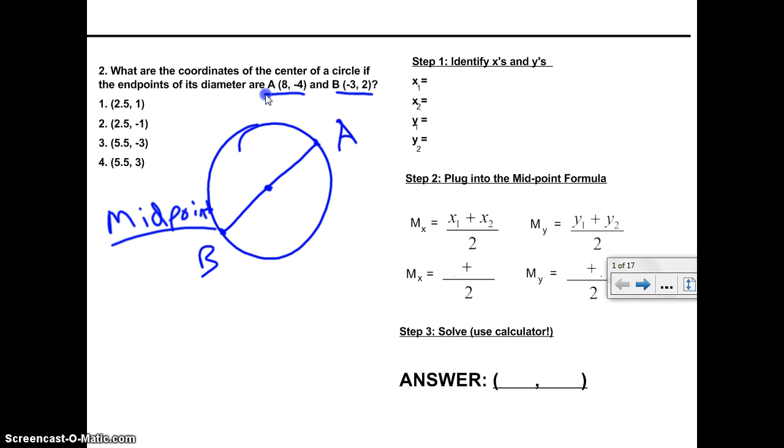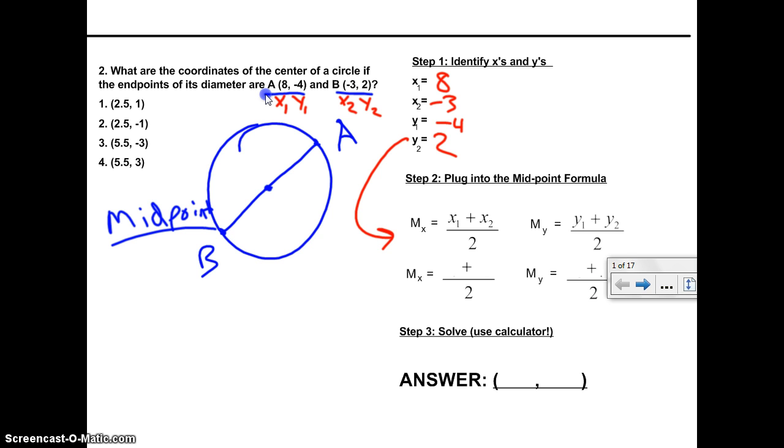So we do the same exact process. X1, X2, Y1, Y2. Here I'm going to do the same thing. I'll do X1, Y1, X2, Y2. I'm going to transfer that information over. So X1 is 8, X2 is -3, Y1 is -4, Y2 is 2. And just like with the problem before, we plug everything in down here.